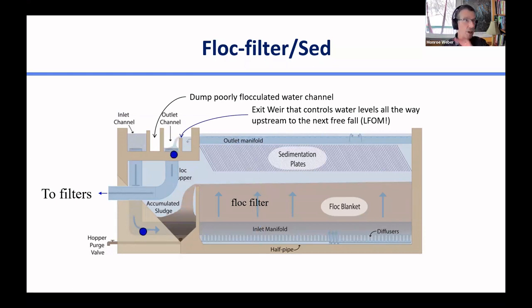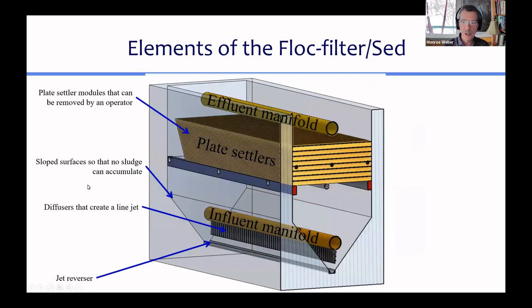And because there's no flow in the flocculator, that will end up being the water level the whole way back up to where the LFOM dumps water into the flocculator, or the very, very beginning of the flocculator. Okay, that was great. So that's this tank and how water flows through it.